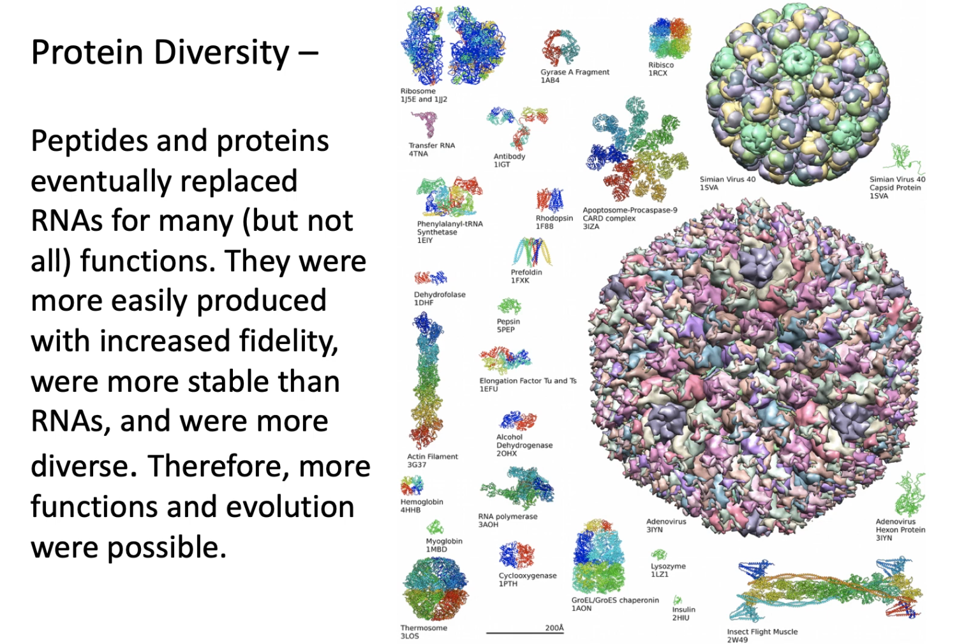Once that happened, a lot of the functions that originally were carried out by RNAs were taken over by proteins, because the proteins were more stable and they could be produced in higher numbers and with higher fidelity than they could using RNA molecules.